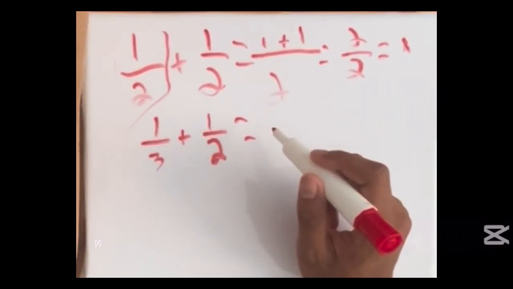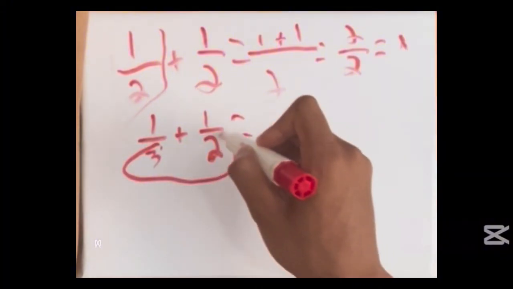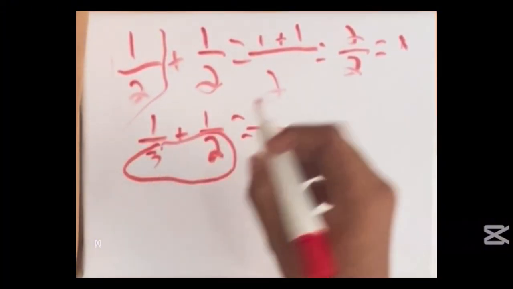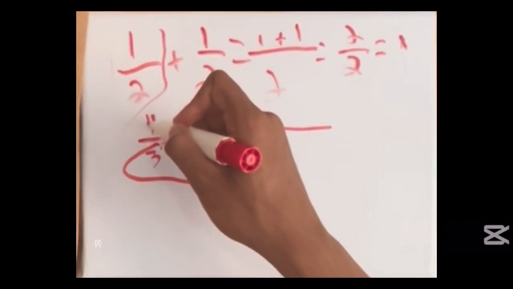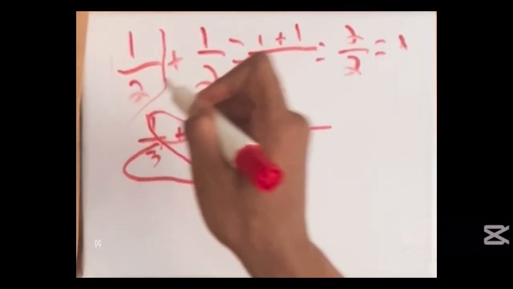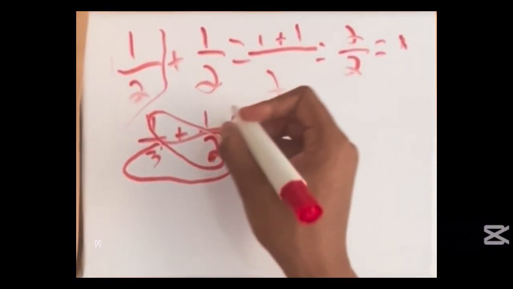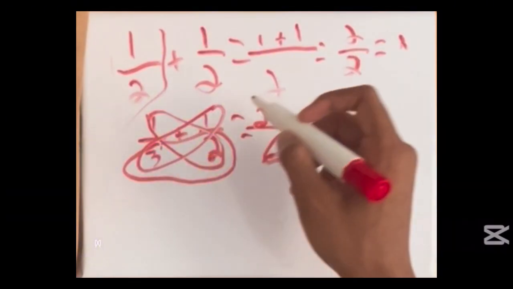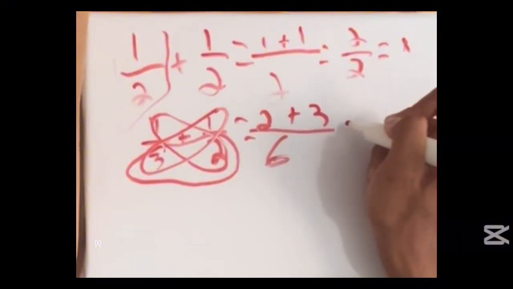The butterfly method consists of multiplying the bottoms, right? So you do a circle here. It's going to equal 3 times 2, which is 6. Then you multiply this by this, which is 2 times 1, which is going to equal 2. And you multiply this by this, 3 times 1, which is 3.